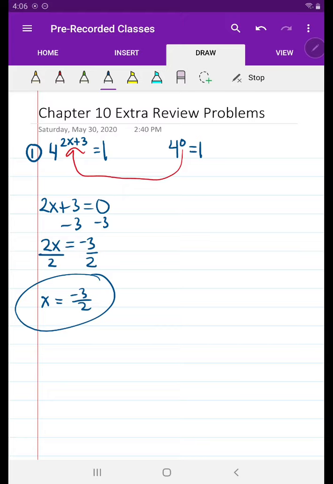The other way is that you could rewrite it in log form. And so you could say you have a log base 4 of 1 equals 2x plus 3. And then this log base 4 of 1, you could use your change of base formula, and you have log 1 over log 4 equals 2x plus 3.